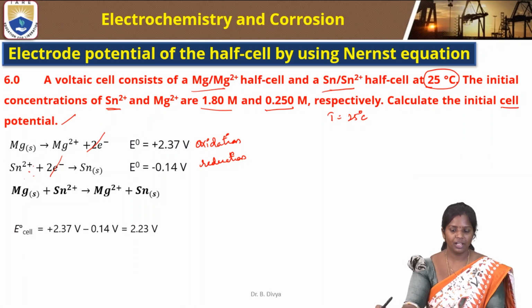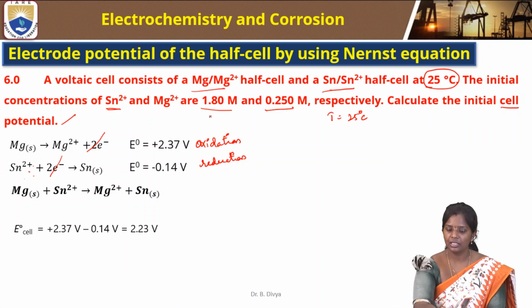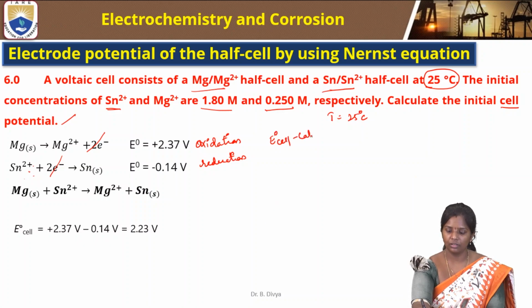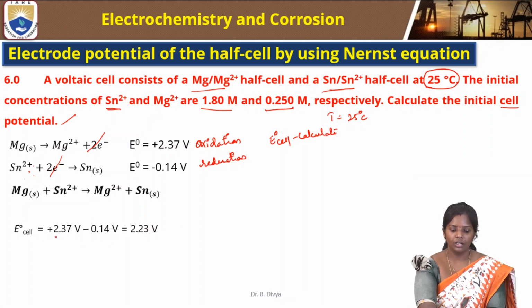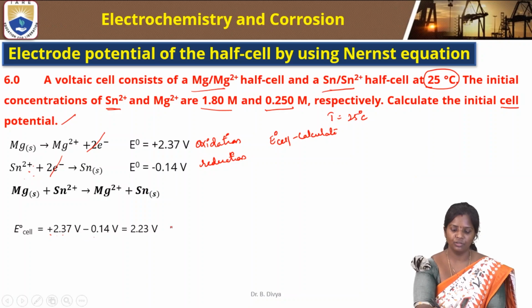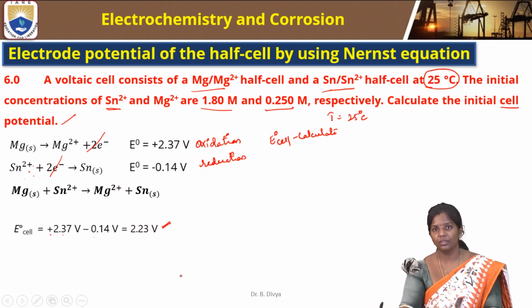We have to first calculate the E naught cell, because nowhere is E naught cell given. So for that, we should take E cathode minus E anode, that is plus 2.37 minus 0.14, which is 2.23 volt.